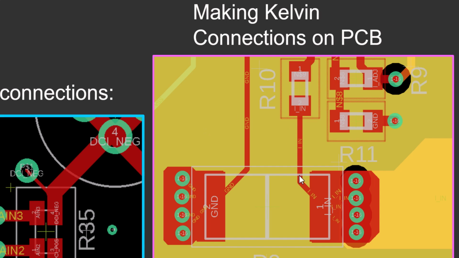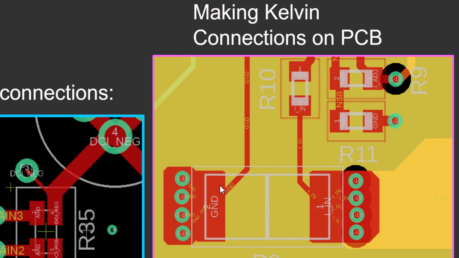Now, these are our differential Kelvin connections to the shunt that go to our differential input amplifier. The idea is we want to connect to the inside of the pads. Why? Because we don't want to measure the current flowing through the pads themselves, because the pads have resistance, right?